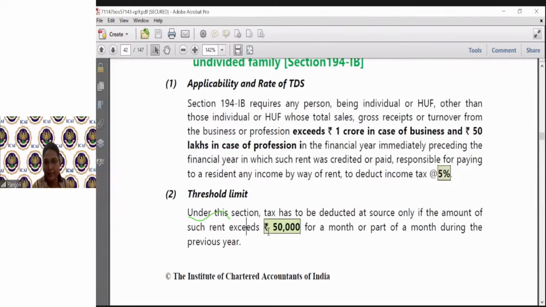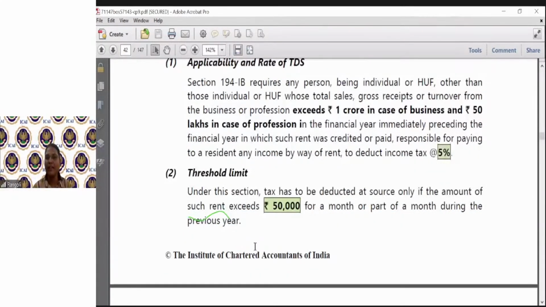Then in that case, the payer of rent is required to deduct TDS under section 194IB. Okay, so here the TDS liability comes if the rent per month or part of month is more than 50,000 rupees. So if the rent is less than 50,000, then no TDS is required to be deducted.